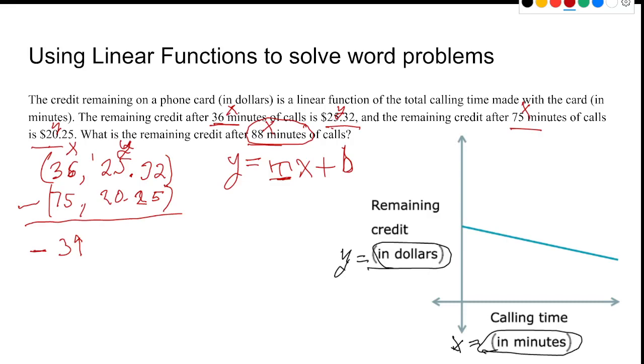It's good to double check it. That's good. I'm probably going to need to use a calculator on this anyway. And then 2532 minus 2025 is going to be 507.